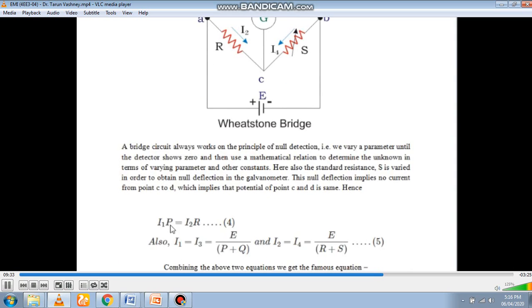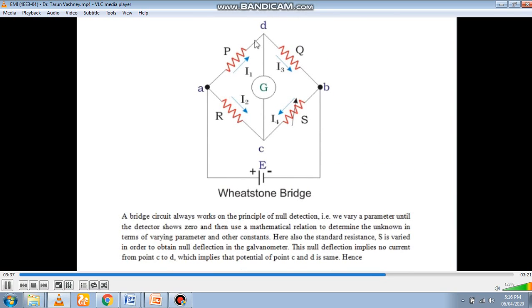So IP P must be equal to I2 R, and at the null position I1 must be equal to I3 and I2 must be equal to I4, as there will be no current in branch CD.